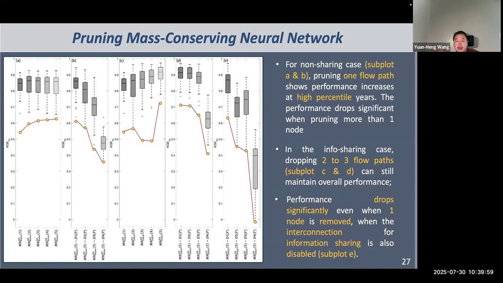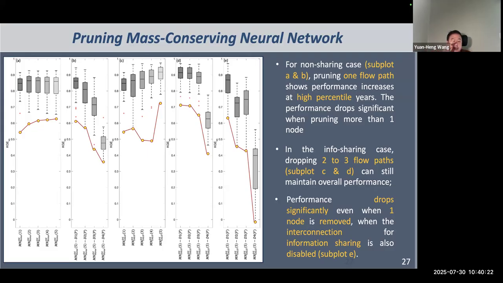Since we train on the KG scale for the entire training set, but we calculate the KG annual for the box plot, it could be that this just happened by chance. And in subplot C, we show the performance of the information sharing distributed state network as the number of nodes increases from 1 to 5.